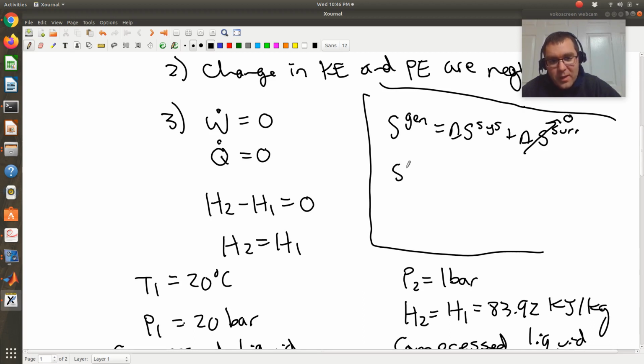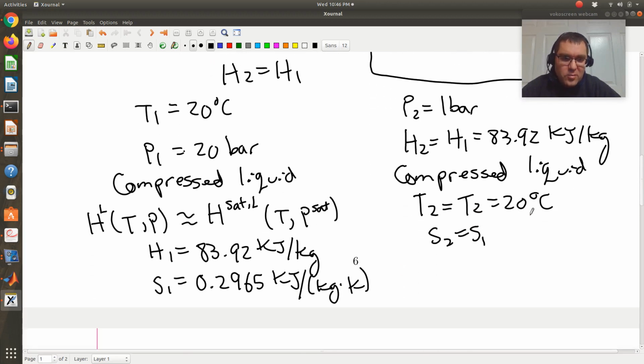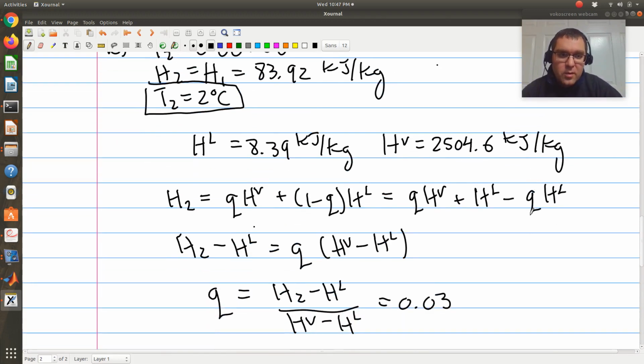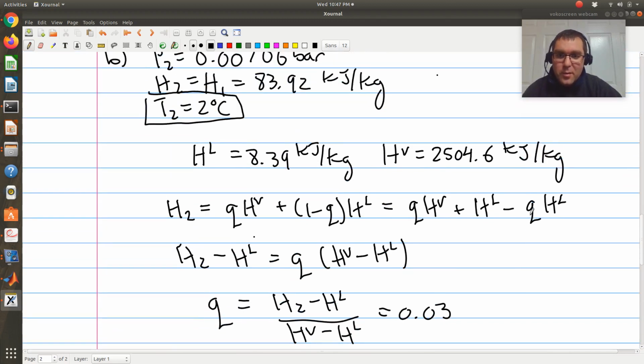And so we end up with S gen equal to S2 minus S1, which in this case is going to be 0 since the entropy of my two states are the same, assuming that we have this compressed liquid and that we're estimating the properties of my compressed liquid as that of a saturated liquid at the same temperature. So that's coming down to assuming we have a compressed liquid and it's incompressible.